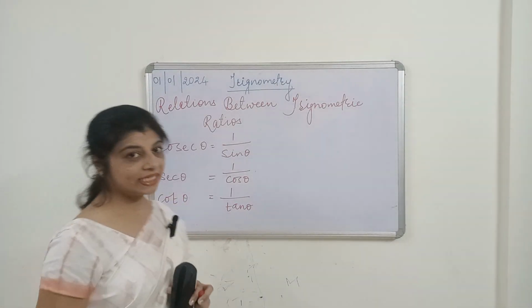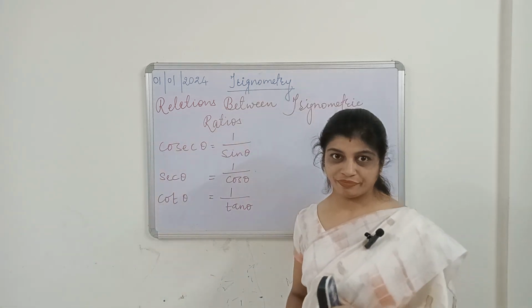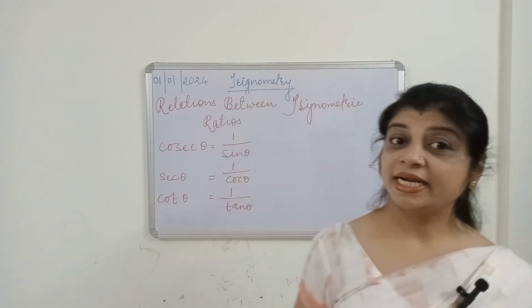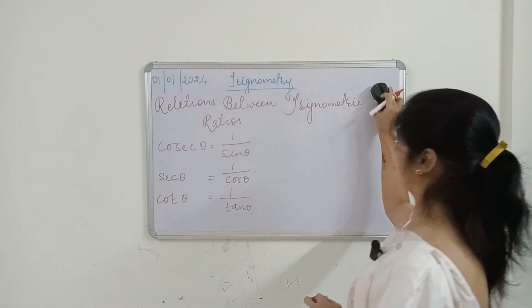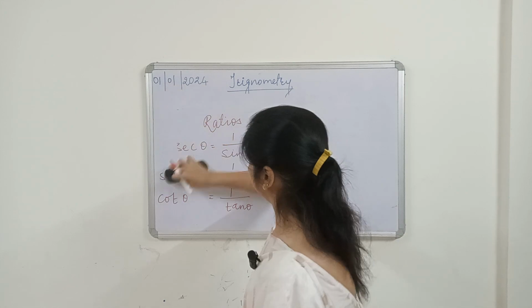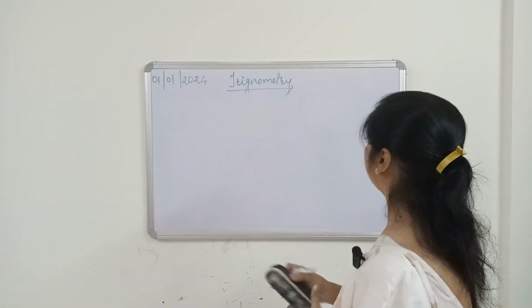Now one thing, as I said, when the angle changes, even though the definition is the same, the ratio of the sides changes. How? Using the same triangle, I'll show it. So let's redraw the triangle.